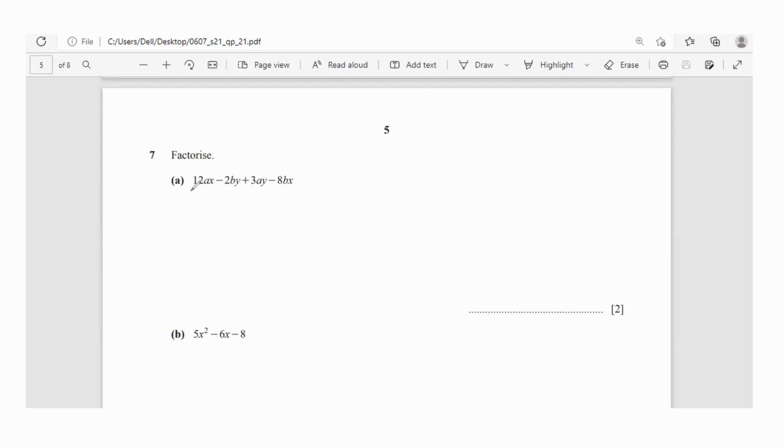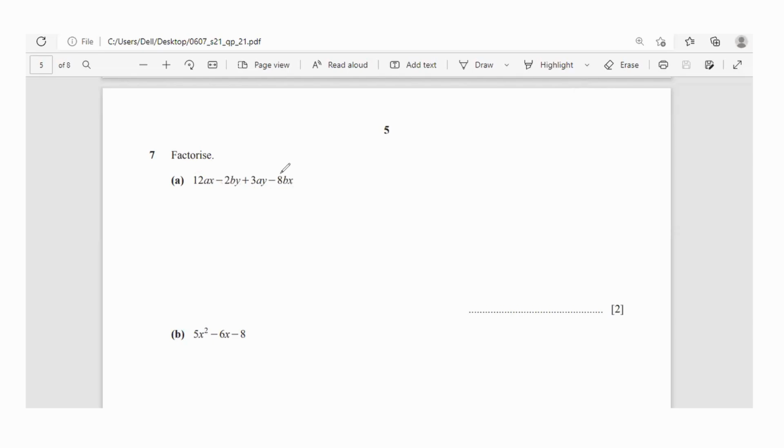So what I want to do is put them in pairs. If I put these two in brackets, I can take 2 as a common factor, and if I put these two in brackets, I still don't have anything in common. So I'm going to do a little bit of rearranging.